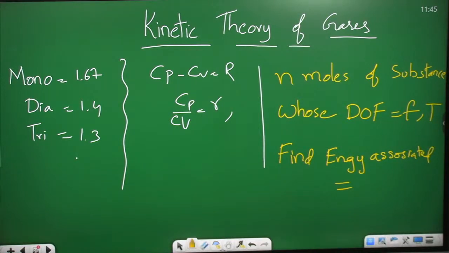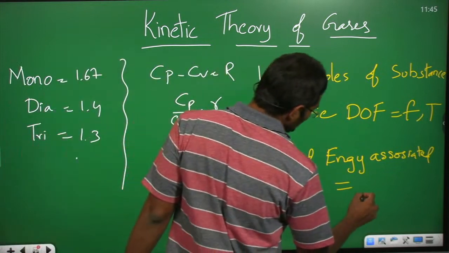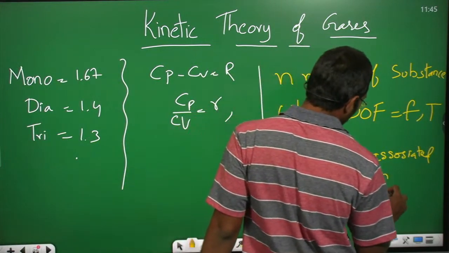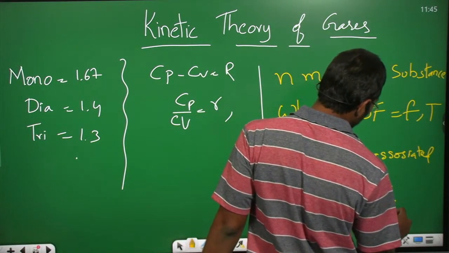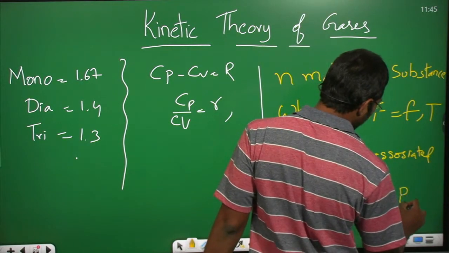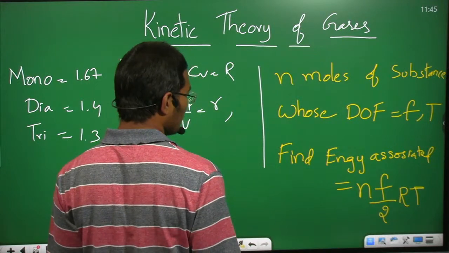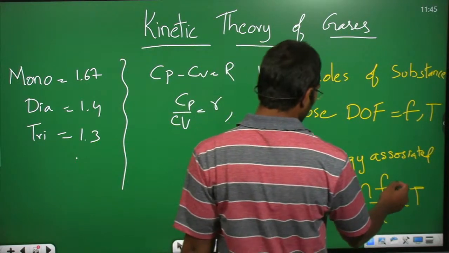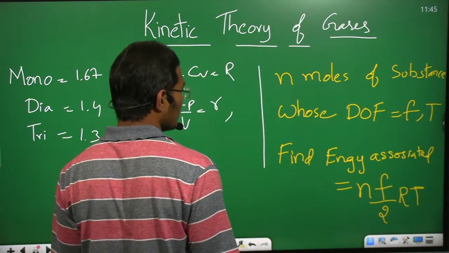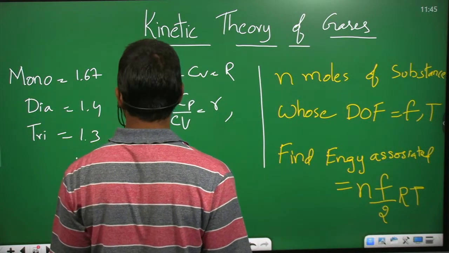This question was asked in many previous exams. So this is a direct formula-based question, which is equal to n into F by 2 RT, where F is the degrees of freedom, n is the number of moles, and T is the temperature.